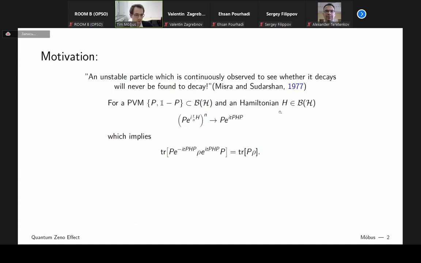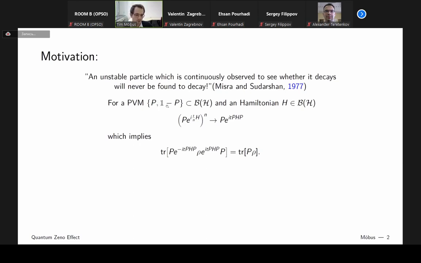This time evolution is described by a Hamiltonian H, and then we measure this particle after time t/n with a PVM, a projective valued measurement, which is described by a projection. So these two elements here.